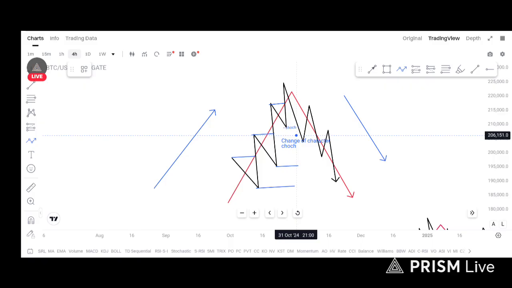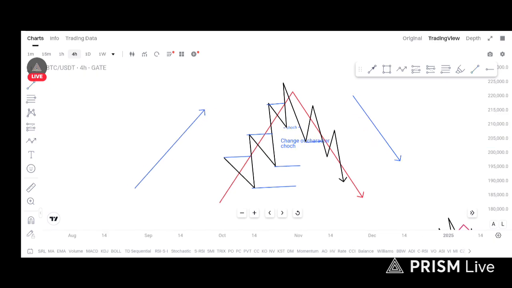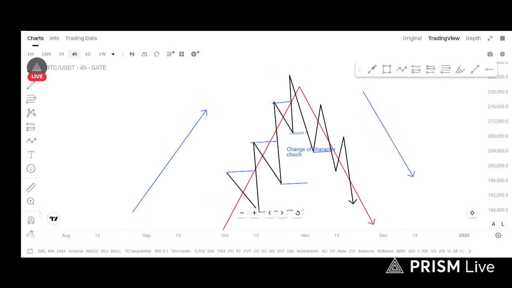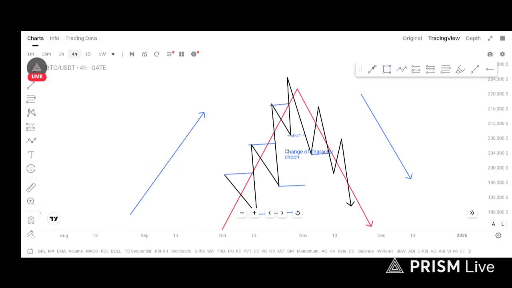After a CHoCH, you need another break of structure to confirm that market has started going to the downside. When you get another break of structure, that means market has finally decided to start changing intent. That means market has started pulling back. Why?